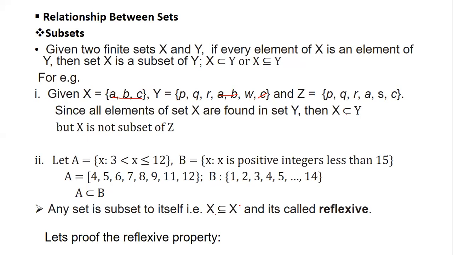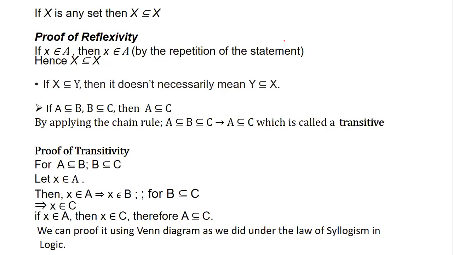Now, if a set is a subset or equal to itself, then that property of sets is called the reflexive property. When a set is a subset of itself, that property is called the reflexive. Okay? The reflexive. Good. So every set being a subset of itself is called the reflexive property of a set.